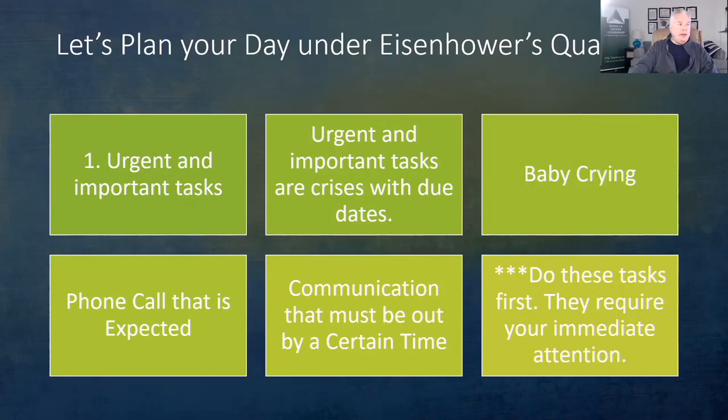Communication. There could be certain communications that have to be out by a certain time. I used to send out a daily email to thousands of people in my organization, and it's the first thing I did every morning. By 5:30 in the morning, before I did anything during the course of my day, I got up, I got my data together, I sent out a sales and recognition email to thousands of people every day.